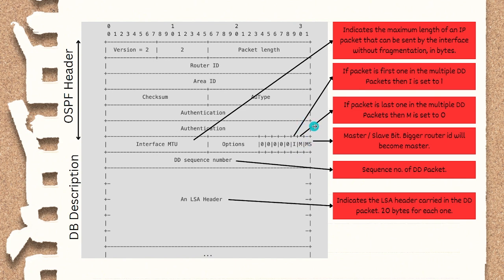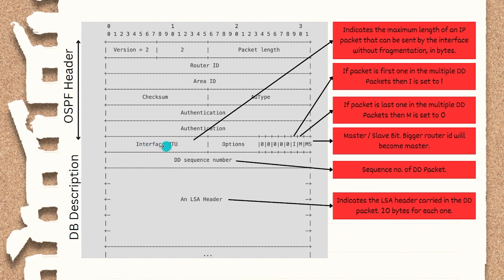So the first flag is I. If the packet is the first one in multiple DD packets, then the I is set to 1. So let's say the database is too large. The packet sent by devices might be fragmented at the sender side only. It should not be fragmented while in transmission, so it should not be fragmented by an intermediate router. That's why we have this interface MTU field.